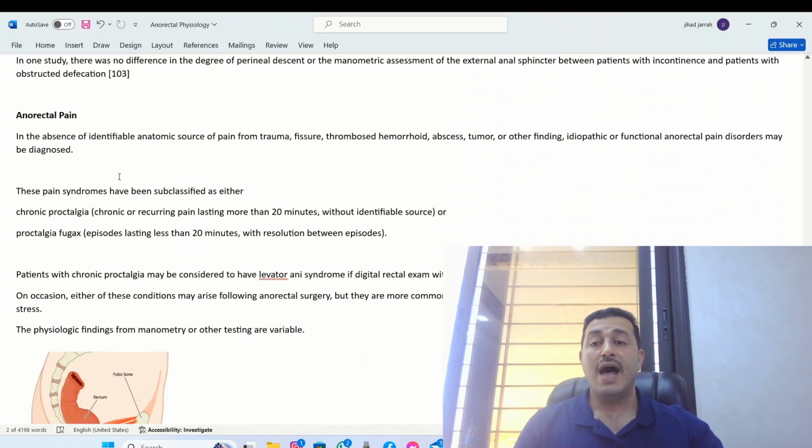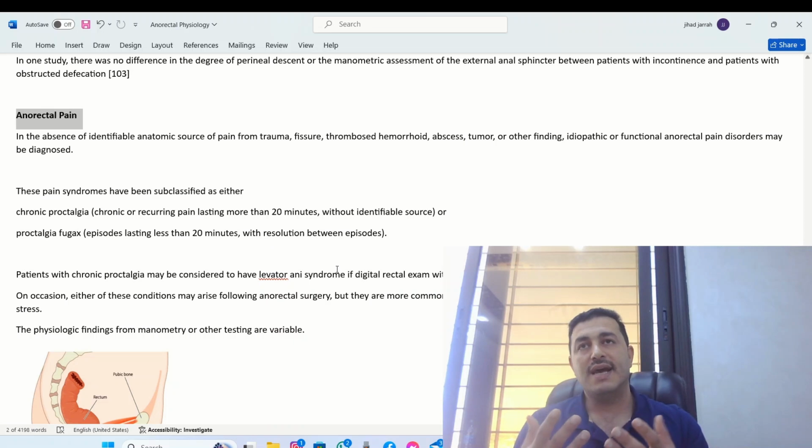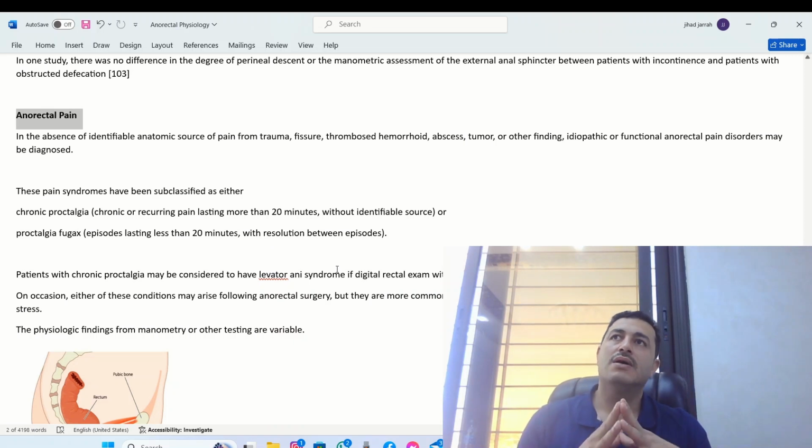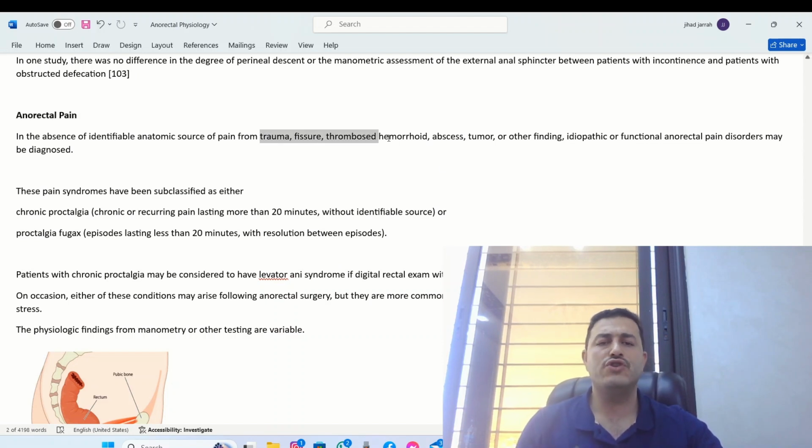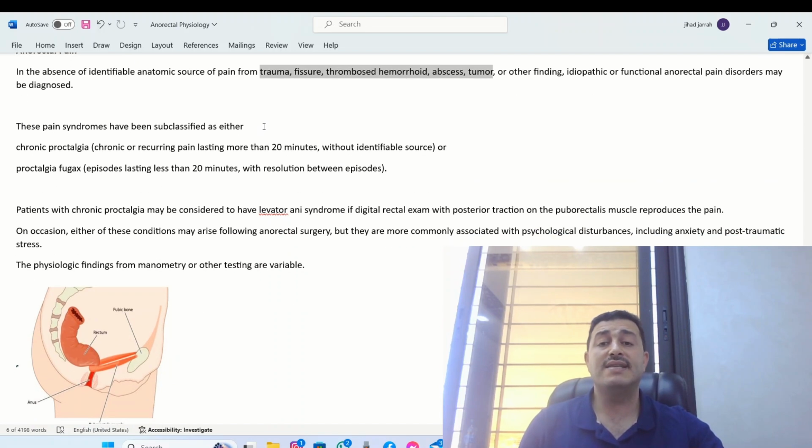Next is the entity of idiopathic anorectal pain. You can elicit it in the absence of any organic or anatomic cause, when there is no trauma, no fissure, no abscess, and there is anorectal pain. It is explained as idiopathic pain, called chronic proctalgia if it lasts more than 20 minutes, or proctalgia fugax if less than 20 minutes.